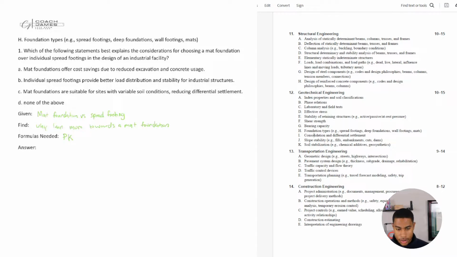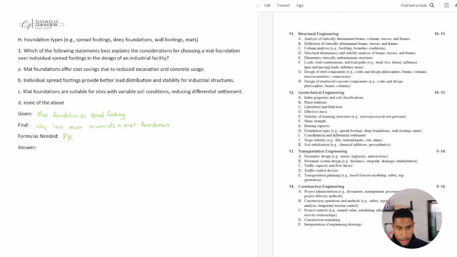Mat foundations are also well suited for sites with varying soil conditions. Basically, if you have a mat foundation, you can account for all different types of soils, so that if they don't mesh that well together, this foundation is still going to help spread that load evenly.